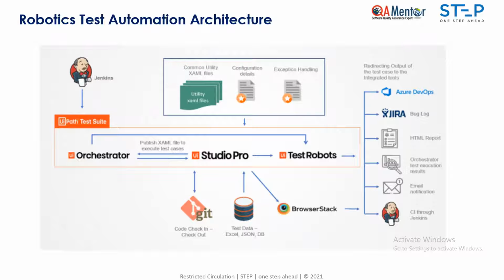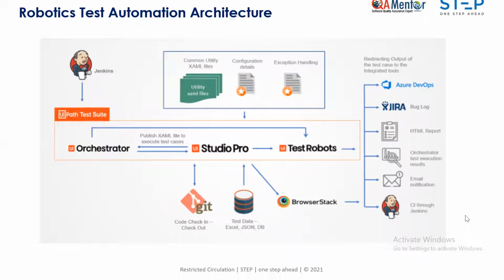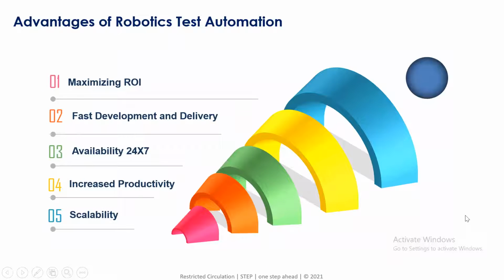Then email notification, if you need reports by email, is also possible. So we can do all types of integrations and all types of reporting by using the robotic test automation architecture. We have also created this architecture for our clients and organization, and it can be 70% reusable.